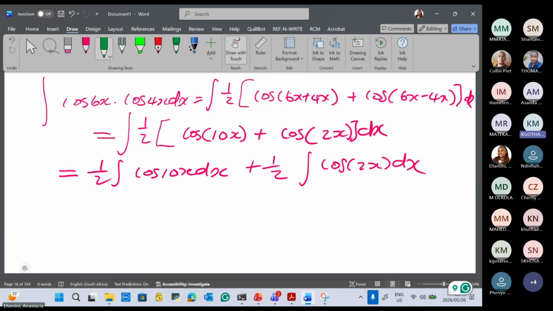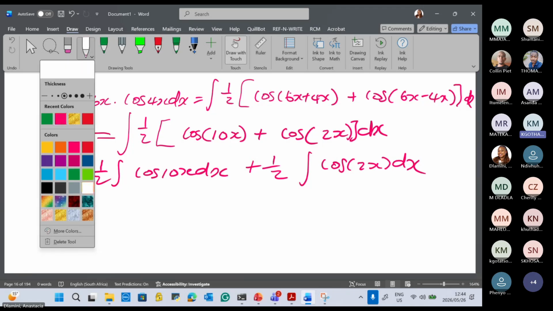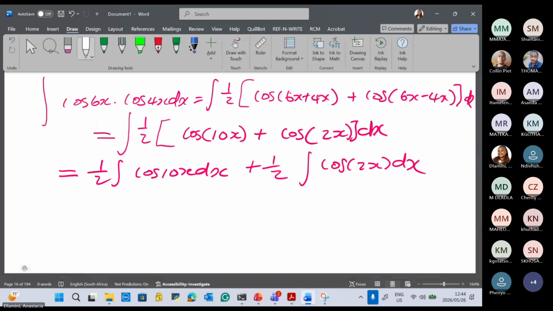No, let's just figure it out. Cool, you took the half outside of the integration. I'm writing the answers in white since you guys don't want to write.